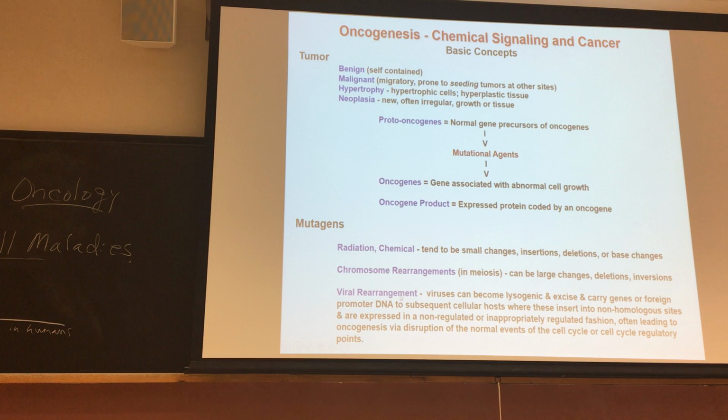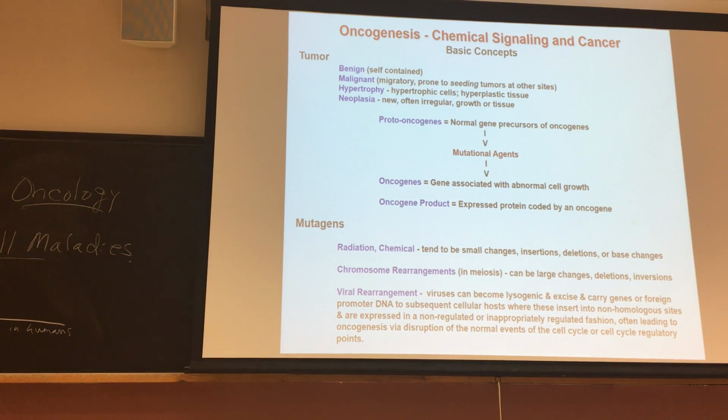And the other one that we used to talk about much more when HIV and AIDS were on the front pages are viral rearrangements. When viruses become lysogenic, that is, they insert into the genome rather than replicating as an episomal entity, the viruses can pick up host DNA if they become reactivated.